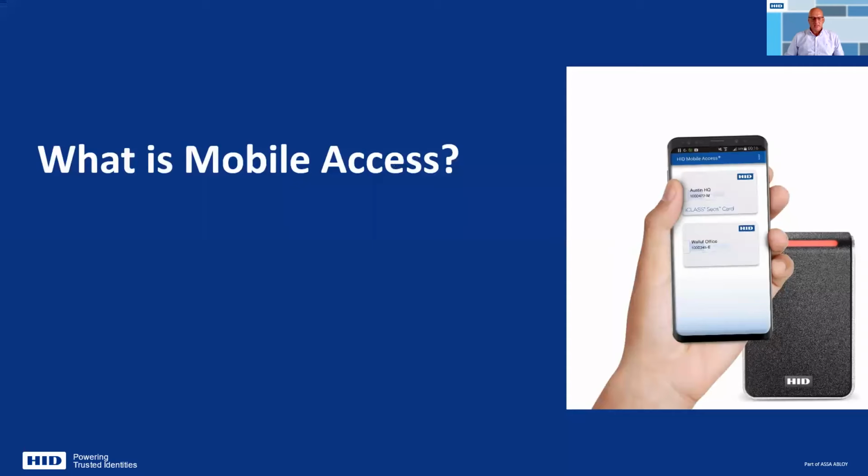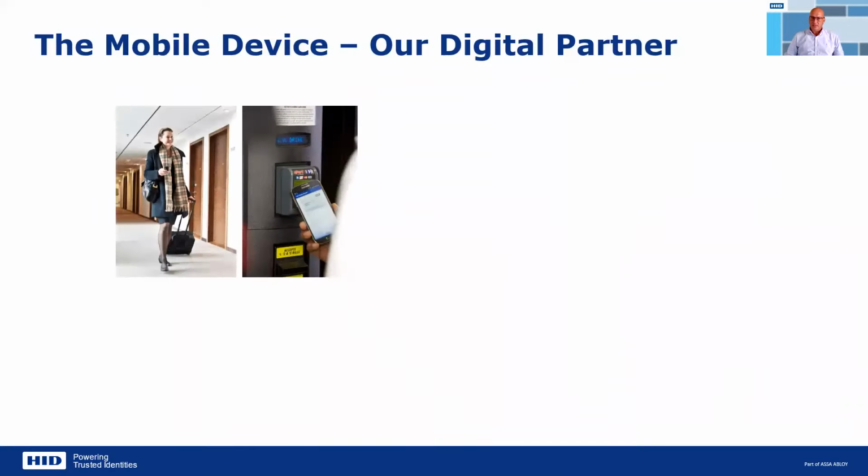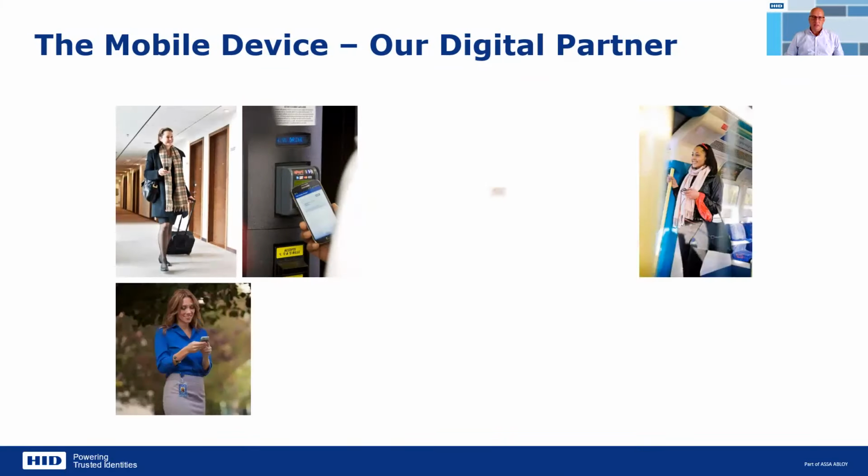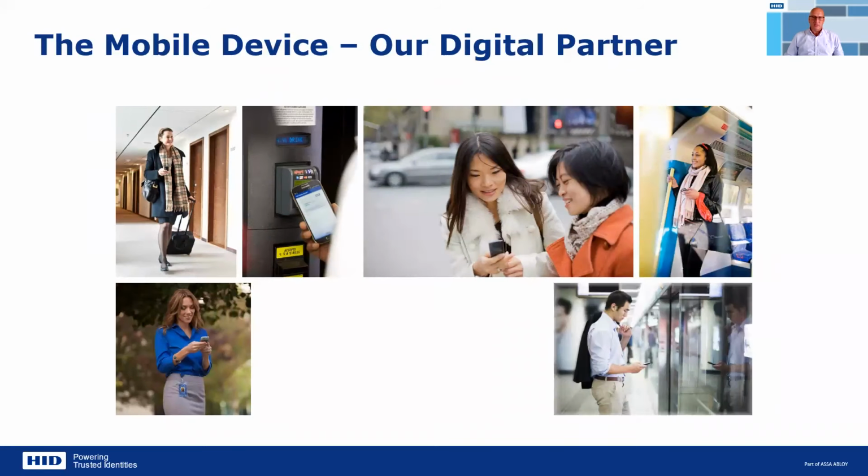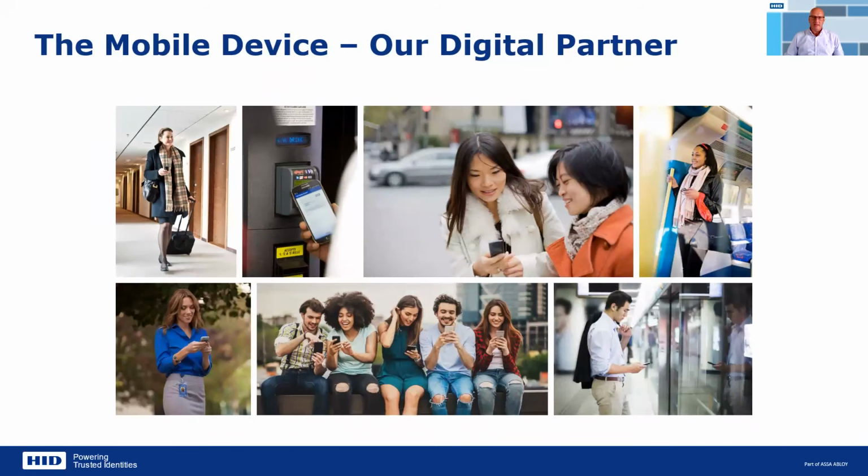So what is mobile access? Mobile access is all around mobile phone. The mobile devices, we use it every day, every hour. They not only replace the desktop telephones to making the phone calls, but they already replaced cameras, video recorders, notepads, photo books, newspapers, books, paper maps, and much more.